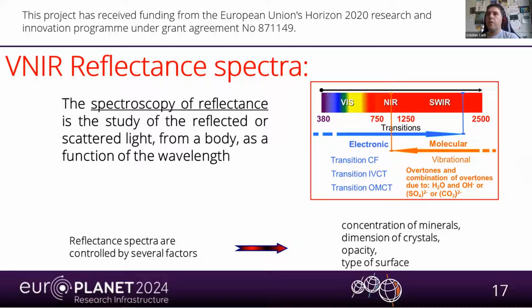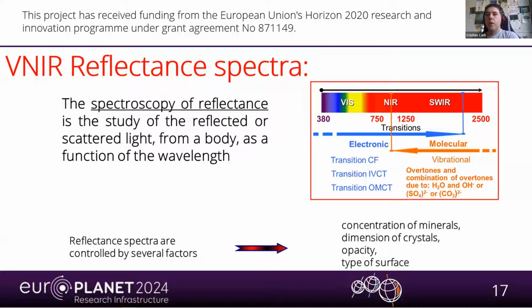On the other side, we have what are called vibrational absorptions, or in general overtones or combinations of the overtones, that permit us to have information related to the presence of water in silicates or sulfates, or the presence of carbonates.